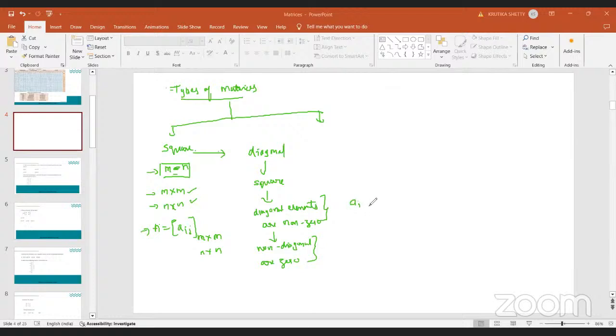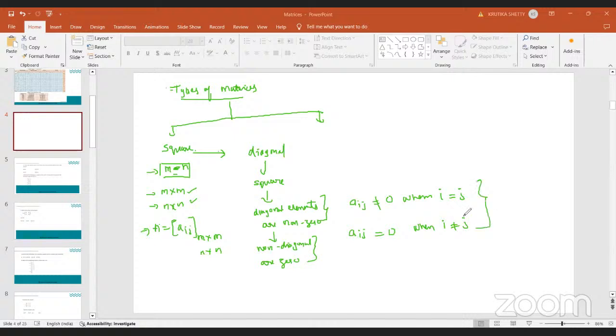We know an element is indicated by aij. So aij are non-zero, meaning they are not equal to 0, when for diagonal elements the condition is i equal to j. And aij, the element, will be equal to 0 when the elements are non-diagonal, so non-diagonal elements are what? i is not equal to j.